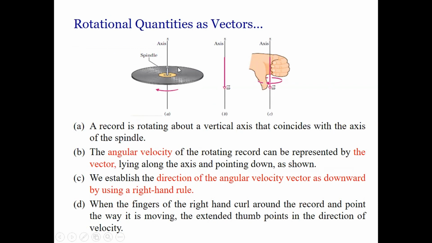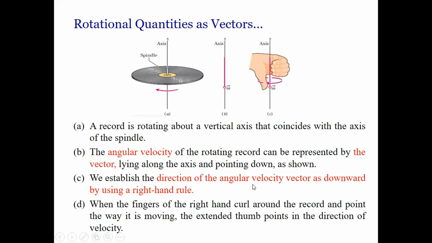A record is rotating about a vertical axis that coincides with the axis of its spindle. The angular velocity of the rotating record can be represented by a vector lying along the axis, pointing downward, as we are showing. The fingers follow the angle of rotation and the thumb points towards the direction.